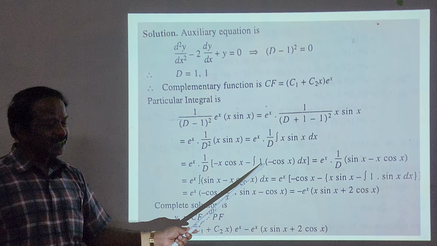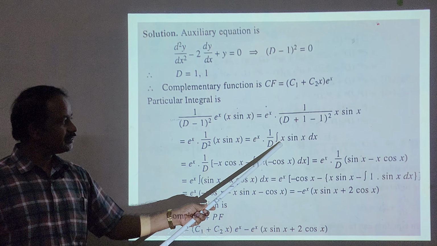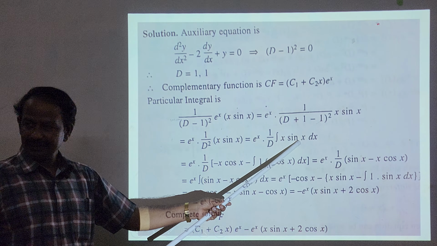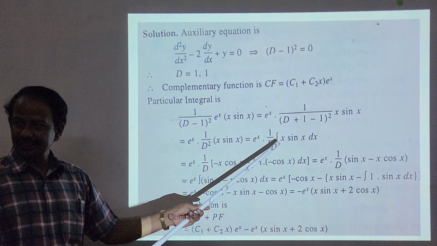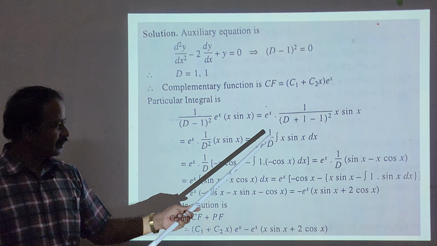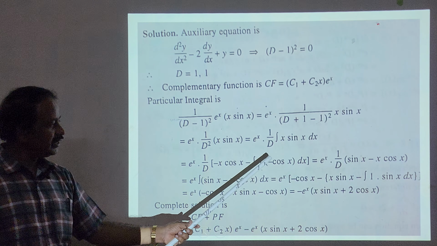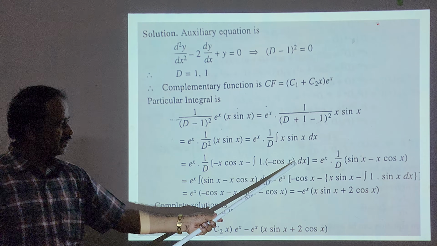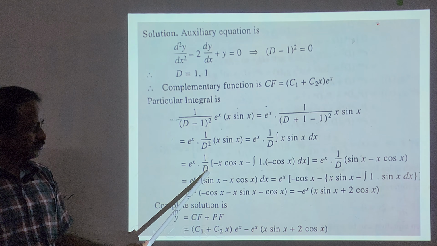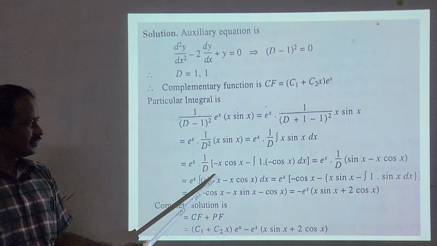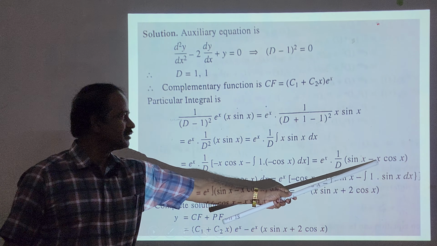What is du? du is nothing but 1 times dx, when I differentiate x, that will be dx. So you have 1. v is minus cos x dx, and we can write this as e power x, 1 by d times x cos x.